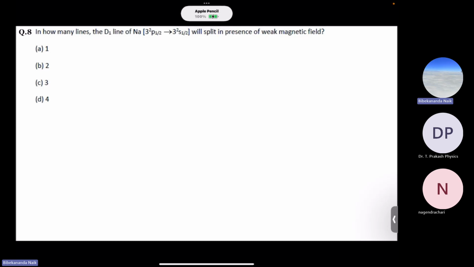So I just discussed, in case of weak magnetic field, what happens?